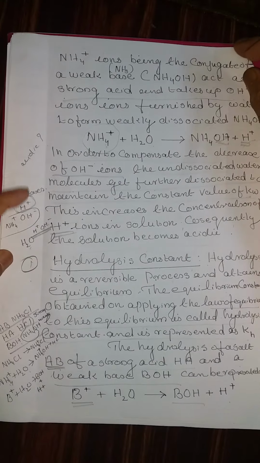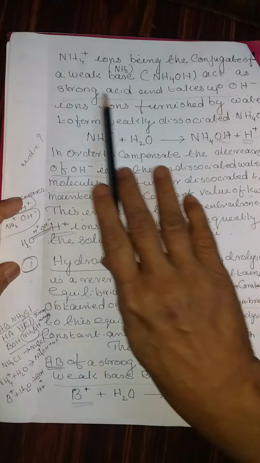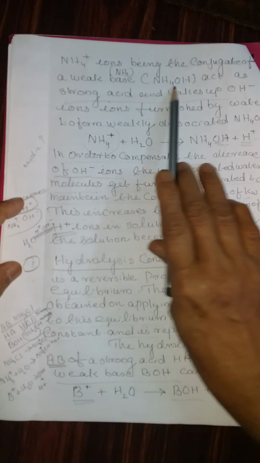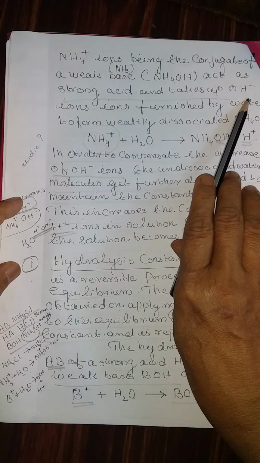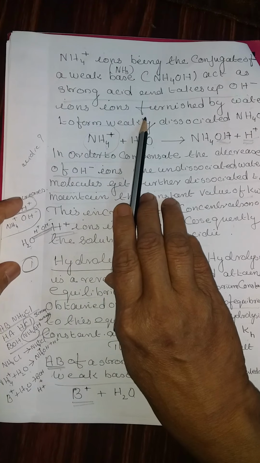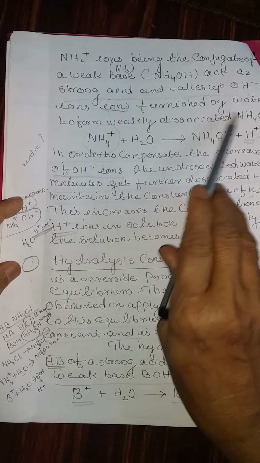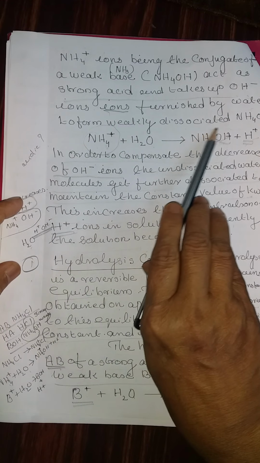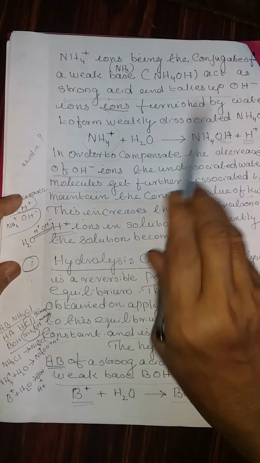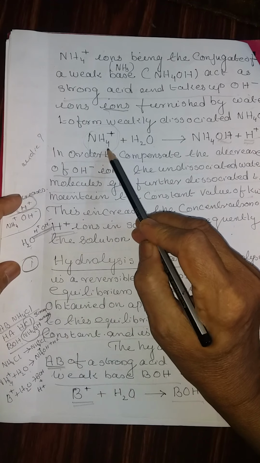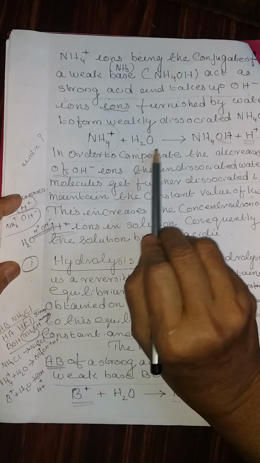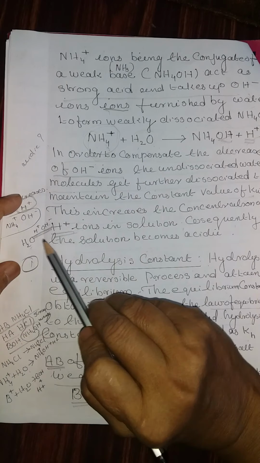NH4 plus ion being the conjugate acid of a weak base NH4OH acts as a strong acid and takes up OH minus ions furnished by the water to form weakly dissociated NH4OH. See, NH4 plus is an acid. Therefore, in a water molecule, it will take only OH.